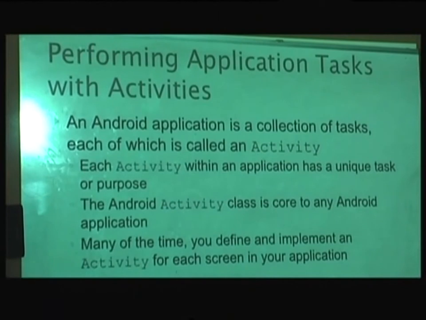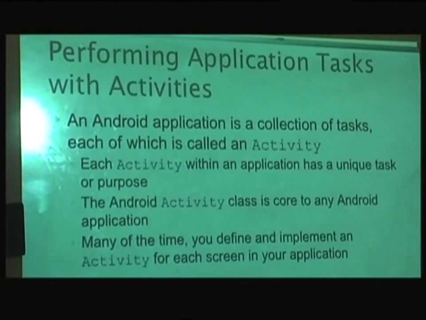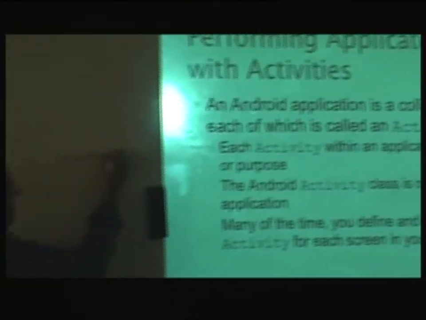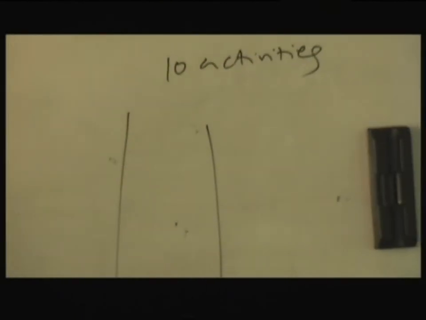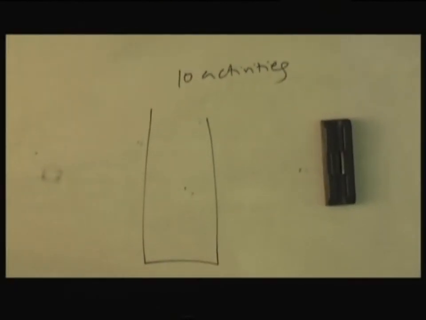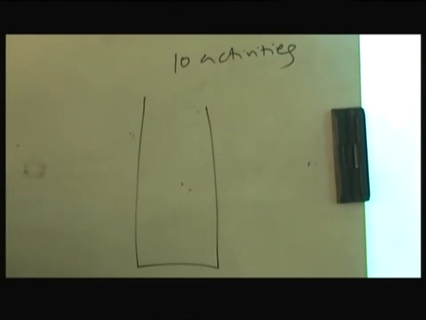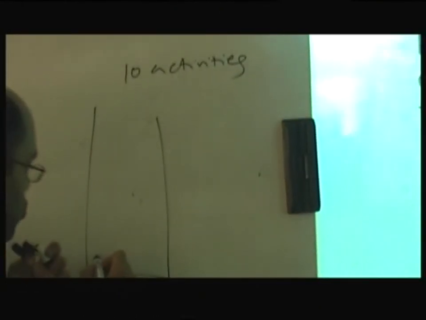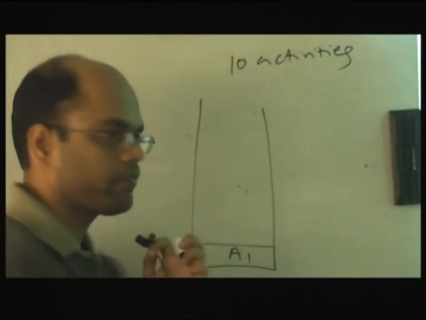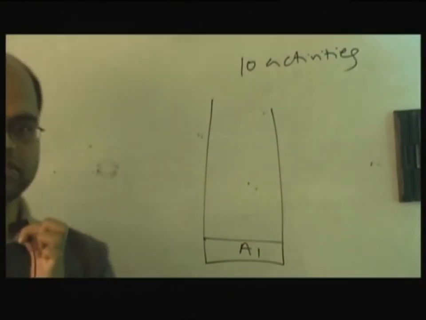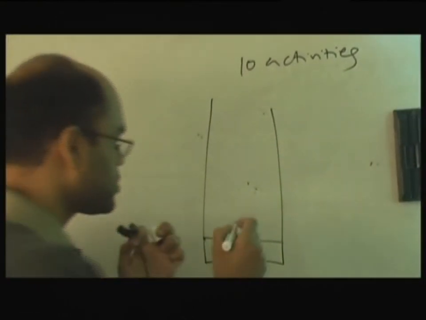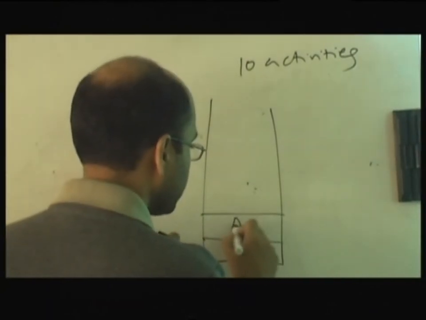Let's say in your application you have 10 activities. There will be a stack where you can put these activities just like you put cards. For example, you show one activity A1 and then the user says next. When he says next, you put A2 on top of that.